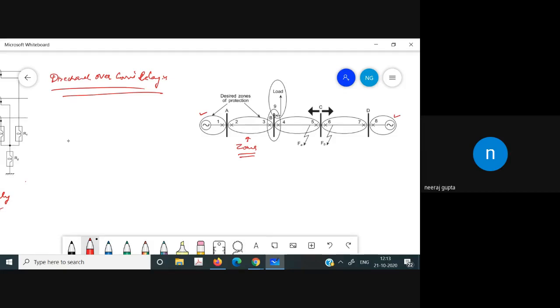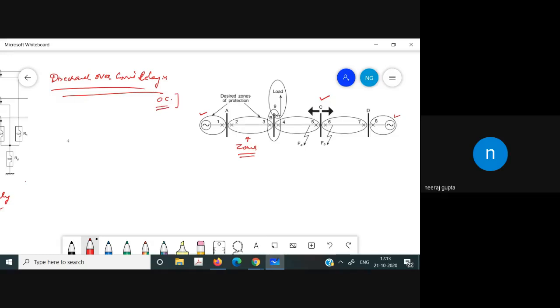Let us first take an example at the bus C. We have to see whether the overcurrent relay will create the desired zone or not.